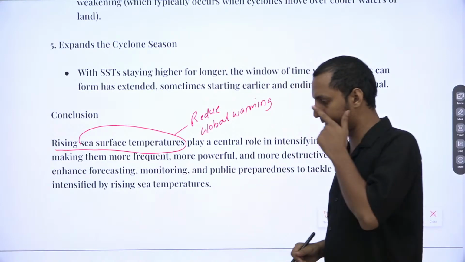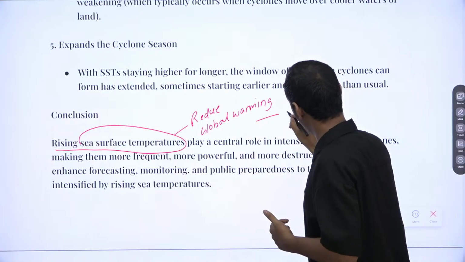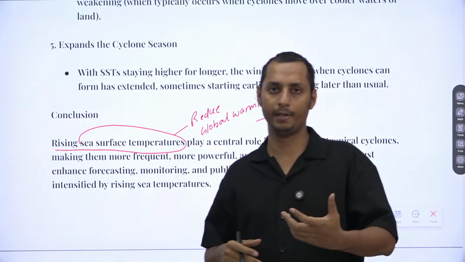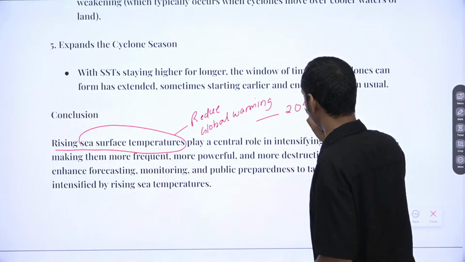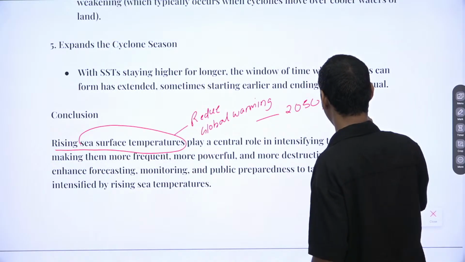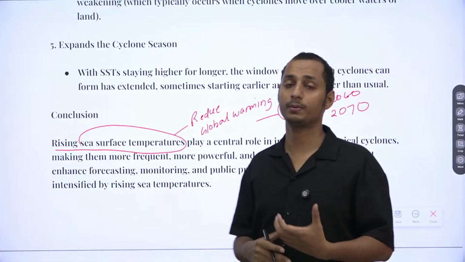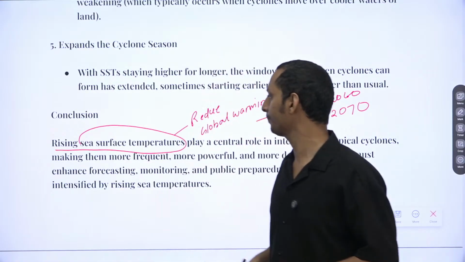Since this is more of a climate change question, you can mention that all the countries of the world should try to achieve the Paris Climate Agreement or even net carbon neutrality by 2050. For China it's 2060, and for India it's 2070. But all the countries should try to achieve net carbon neutrality by 2050 in order to reduce the sea surface temperature rise.